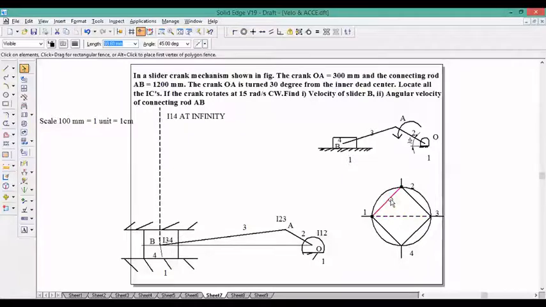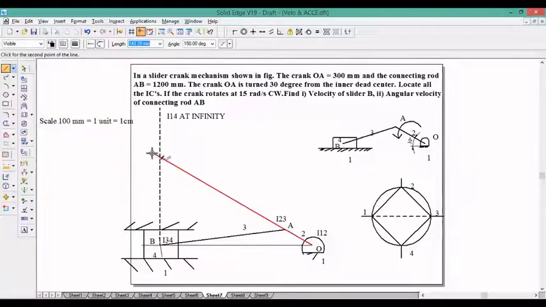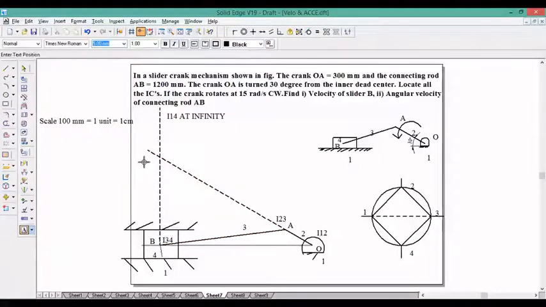So instantaneous centers 1, 2, 2, 3 and 1, 3 should lie on the same line. 1, 2 and 2, 3 are already on a line, so we need to produce the same line to a certain extent. Then 1, 4, 3, 4 and 1, 3 should be on the same line. So 1, 4 will be at infinity, 3, 4 at this point. Hence this will be I13.